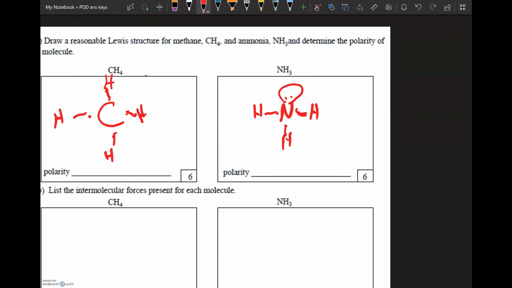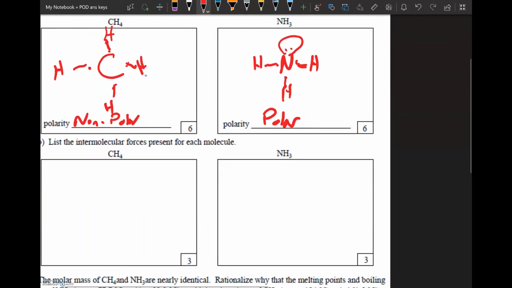So CH4 is symmetrical, it's consistent all the way around, it's tetrahedral, it's going to be nonpolar. For NH3, you have this lone pair, and normally a rule of thumb is if you have a lone pair, you're going to have a polar compound. So this is going to be polar.